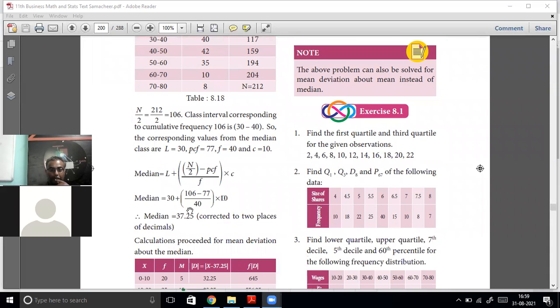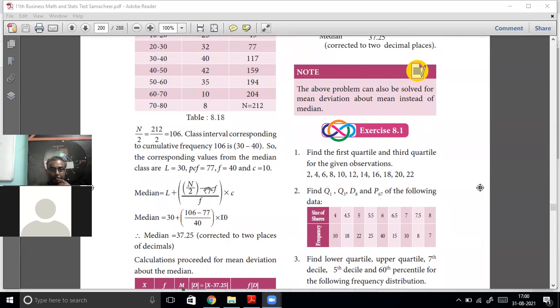So n by 2 is 106, PCF is 77, F is 40. So 106 minus 77 by 40, into the class value 10.